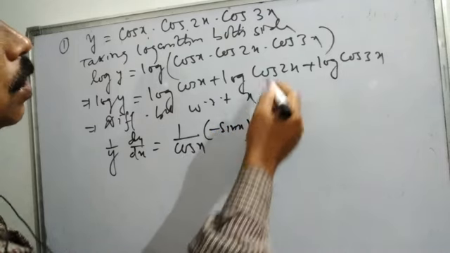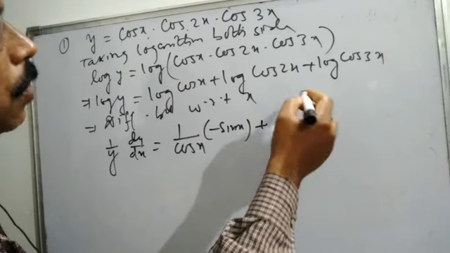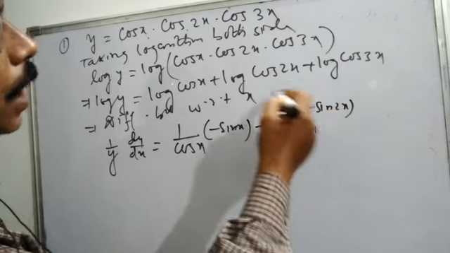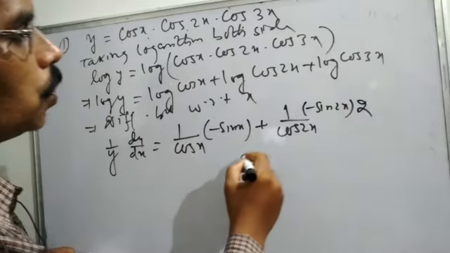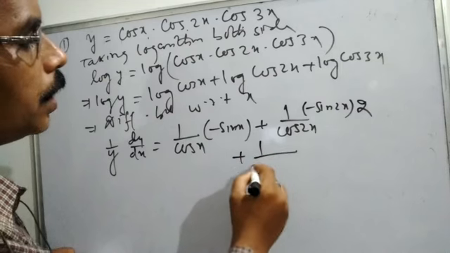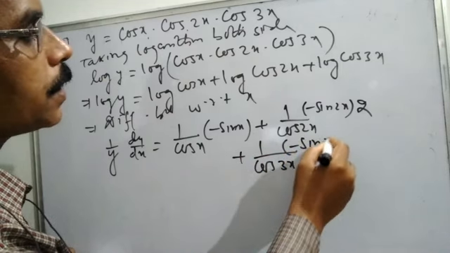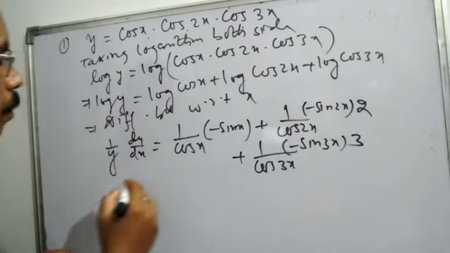Similarly, log cos 2x, 1 by cos 2x. Derivative of cos 2x will be minus sin 2x. Again derivative of 2x, that will be 2. Plus 1 by cos 3x, similarly minus sin 3x. Again derivative of 3x, that will be 3.